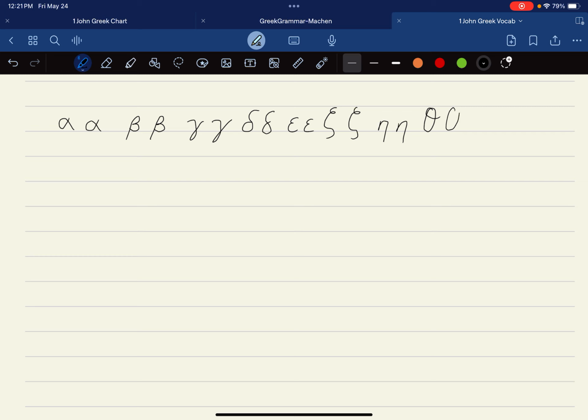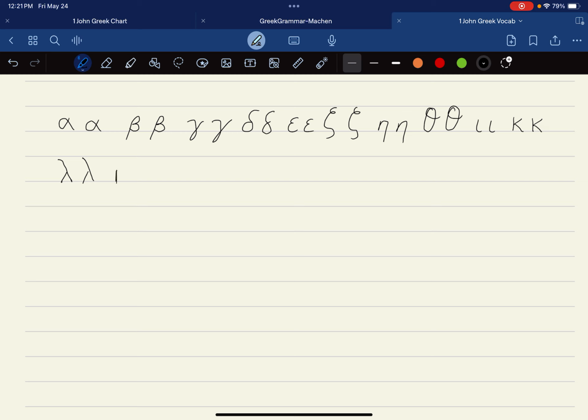Alpha, beta, gamma, delta, epsilon, zeta, eta, theta, iota, kappa. Then lambda. Alpha, beta, gamma, delta, epsilon, zeta, eta, theta, iota, kappa, lambda.